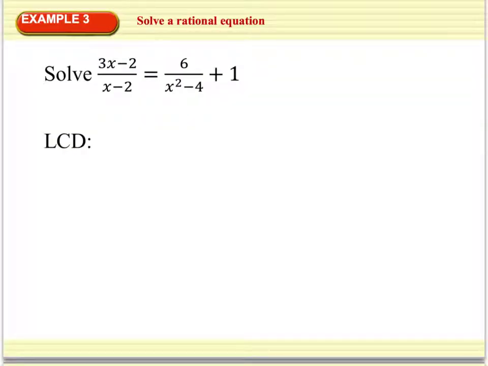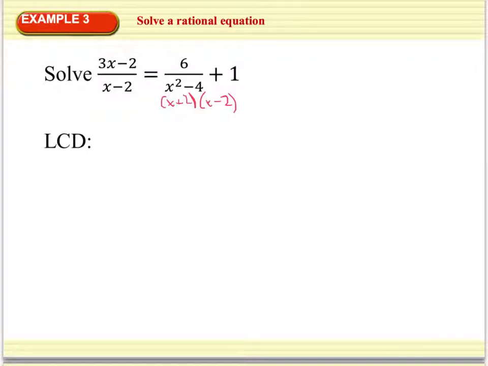Next, we have example 3, which says to solve 3x minus 2 divided by x minus 2 equals 6 divided by x squared minus 4 plus 1. Just as we did back in section 9.3 and 9.4, I'm going to ask that you go ahead and factor any denominators, and I see right here I have the difference of two squares, which is going to give me x plus 2 times x minus 2.